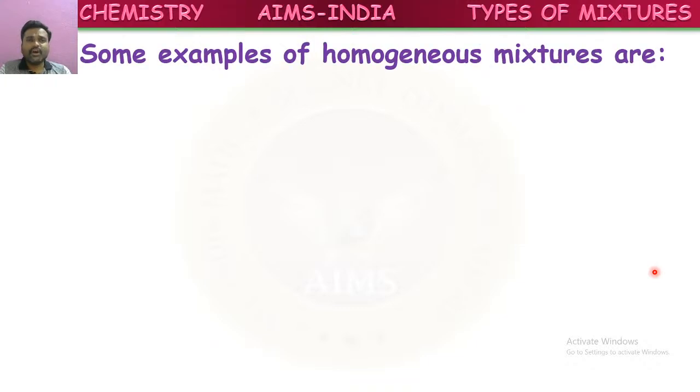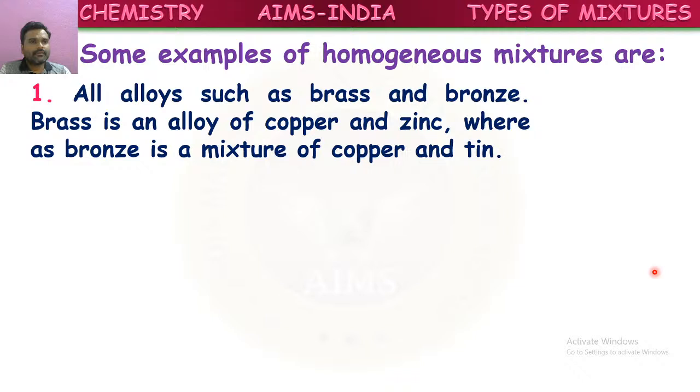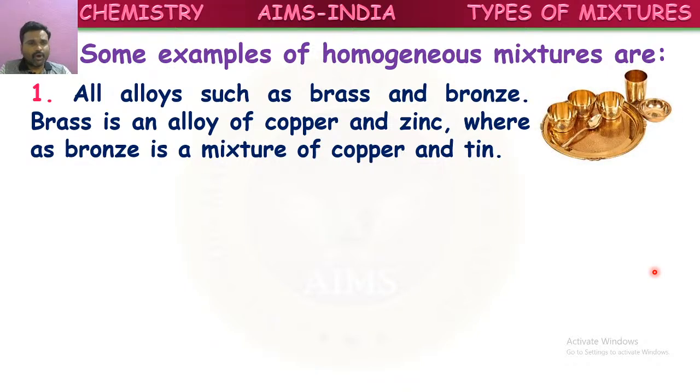Next, here they have given some examples of homogeneous mixtures. Let us see them. All alloys such as brass and bronze. Yes, brass and bronze are alloys of different metals. Brass is an alloy of copper and zinc. By mixing copper and zinc in the molten state, we get brass.